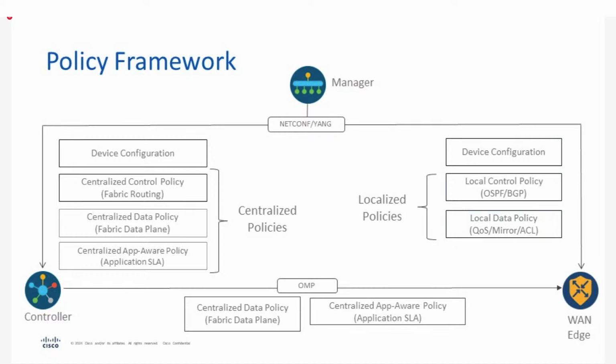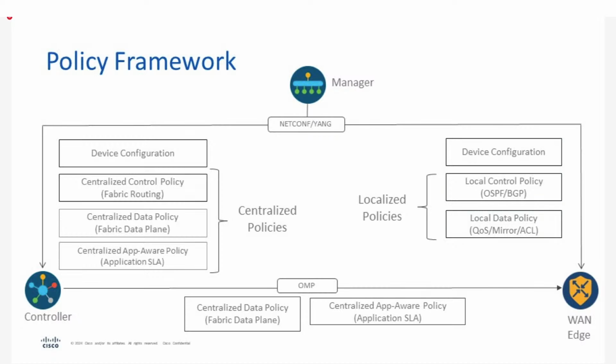Based on what we have now categorized in this policy type, the first thing is centralized and localized policy. Centralized policy allows us to manipulate the whole overlay of the fabric in a centralized fashion.